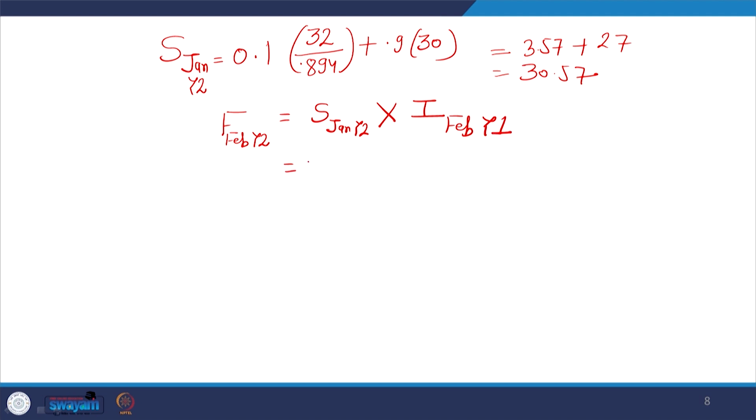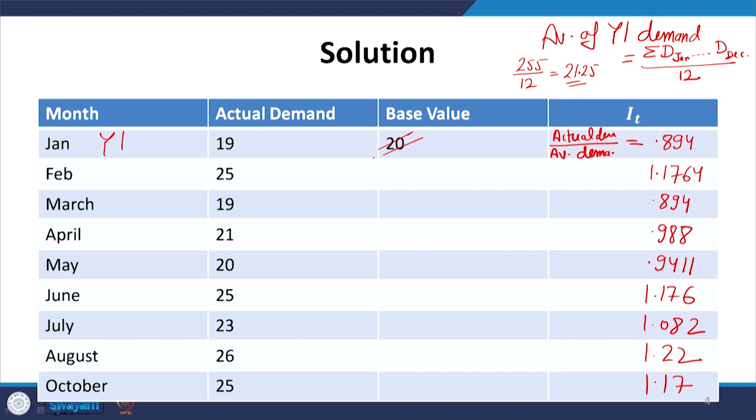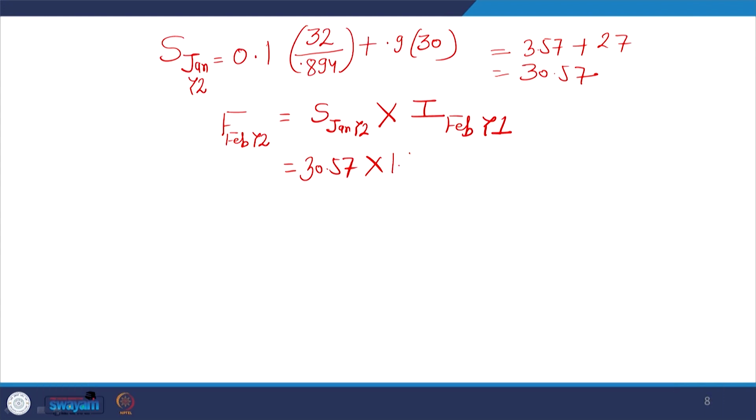So, S January Y2 is 30.57 and I February Y1, let us check, is 1.1764. So, this becomes 35.96, or you can round it off to 36. So, this is the forecast for February year 2, but one task is still incomplete.